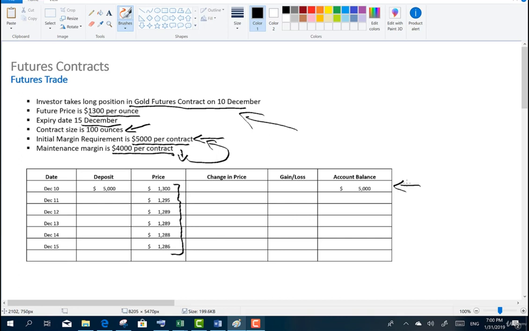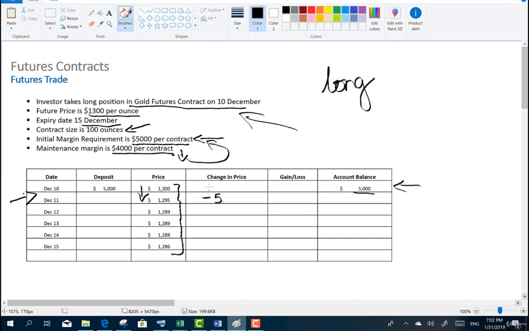At the end of the first trading day, which is December 11, the price of the contract fell to 1295. Since the investor has taken a long position at $1,300 per ounce, the price of gold dropped by $5. How is it going to impact?